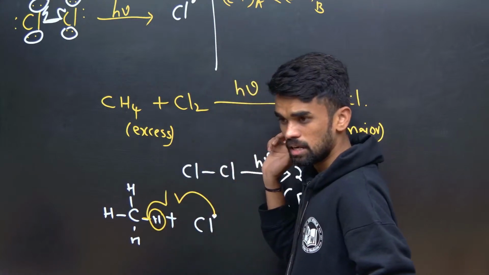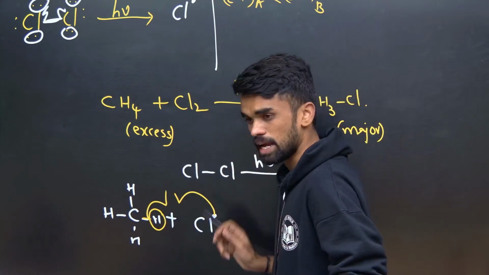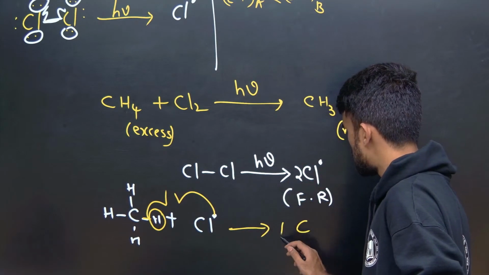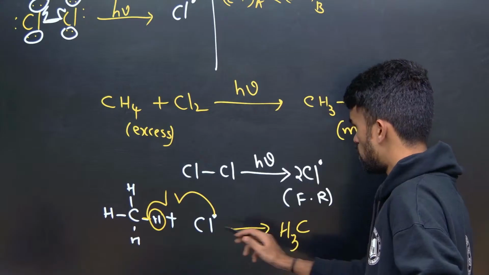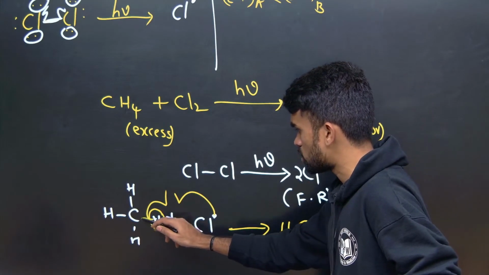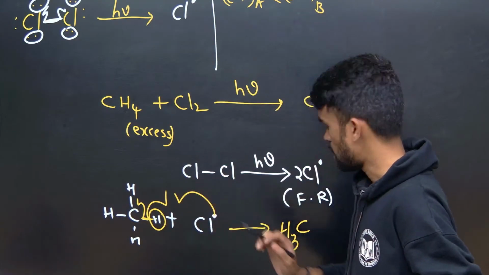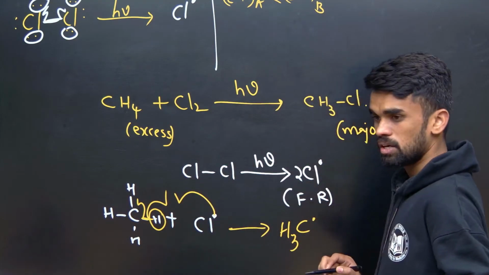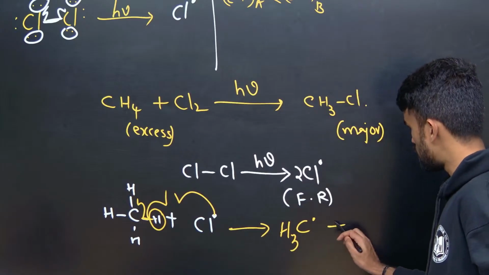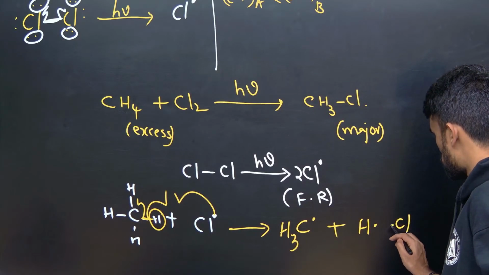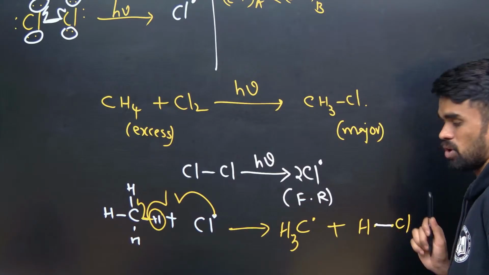Electron pairing takes place between this hydrogen and chlorine. Out of the bonded electrons, one electron remains with carbon and one goes with hydrogen, so we get CH3 with one electron, and hydrogen pairs up with the chlorine electron making a bond.